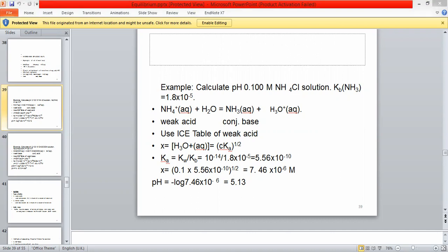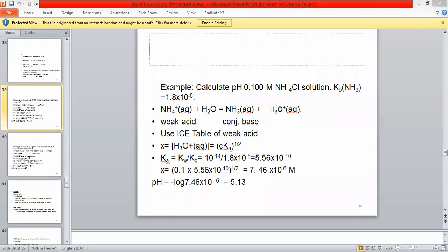If you check what we calculated earlier, on the ICE table, below this, you're putting 0.1, and here you're putting 0, and here you're putting 0. On the change, you have minus X, here you have plus X, and there you have plus X. And then at equilibrium, you're going to have 0.1 minus X, and here you're going to have X, and there you're going to have X.